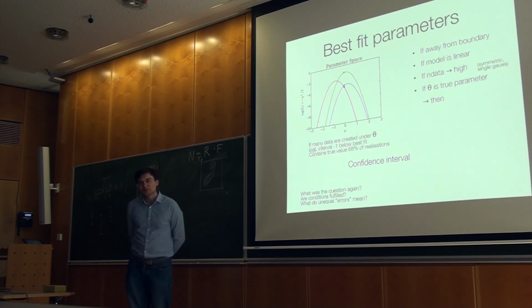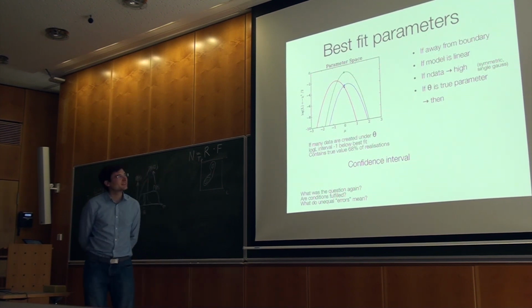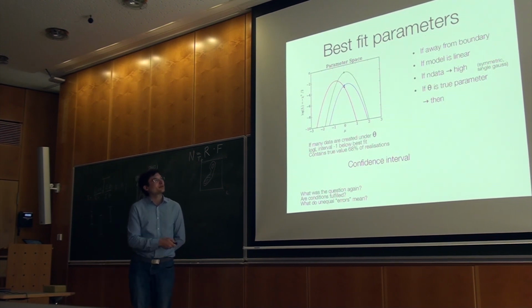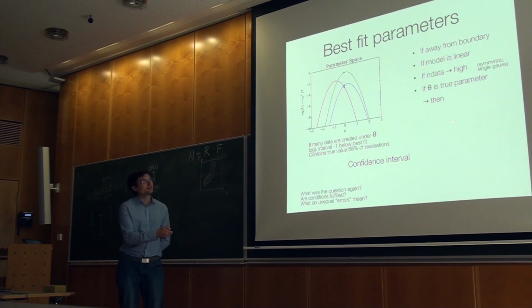Was that a question we wanted to ask in the first place? Are these conditions what we are happy to assume? First of all, our models are usually never linear, and the number of data points is basically never high. That's also why you often find these asymmetric errors quoted, which tells you these conditions are not valid.